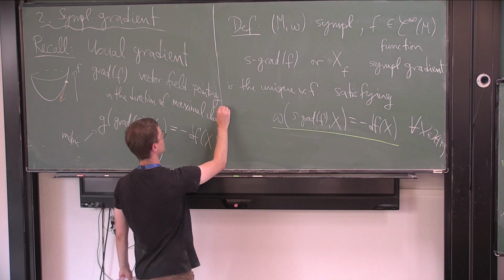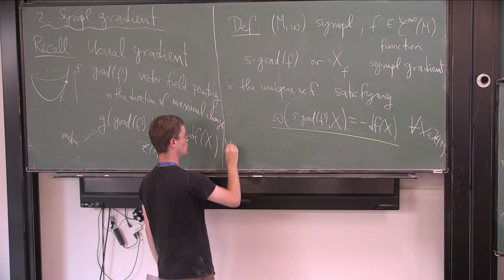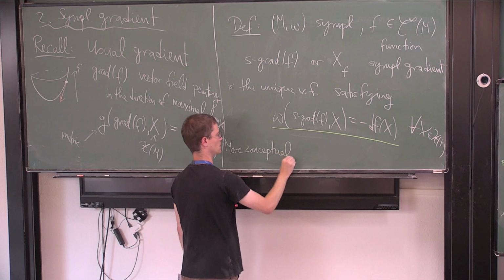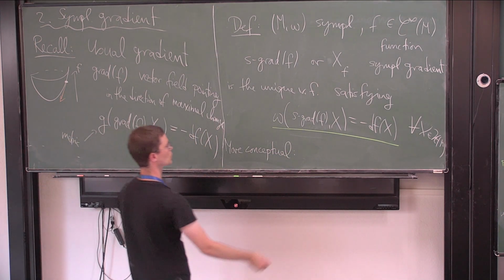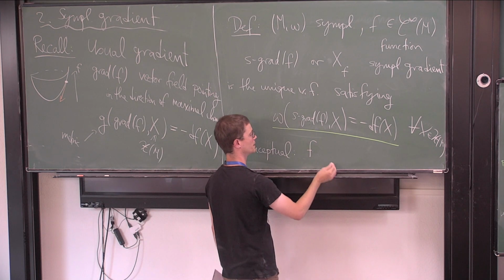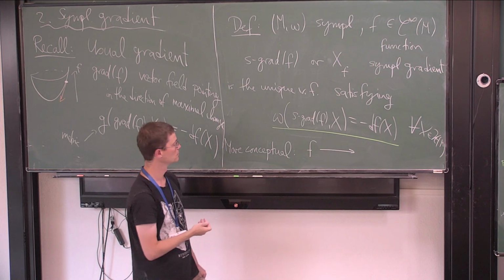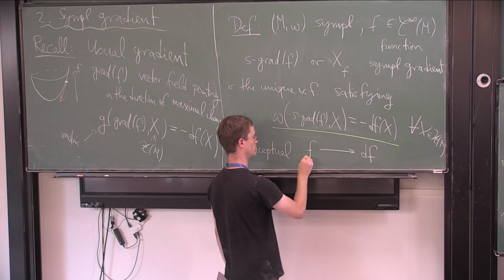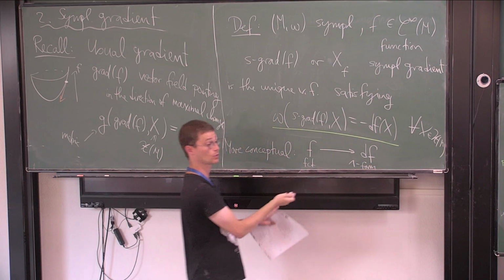Okay, maybe to see why this is a good definition, the first way is to go more conceptual. The second way is just to look at the coordinates. The more conceptual is the following. Well, you have a function. There's a canonical way to produce a differential one-form, which is just taking the differential. So from this function you get a one-form. But what we want is not a one-form, we want a vector field.